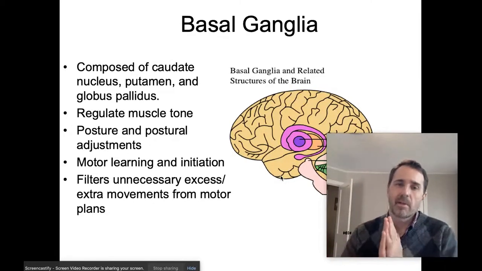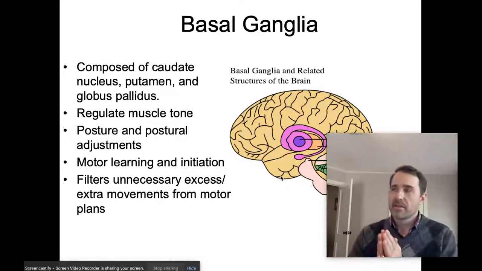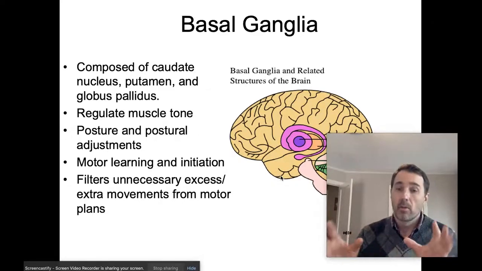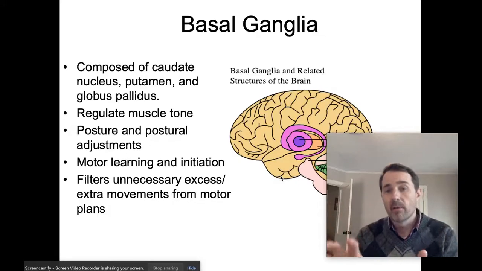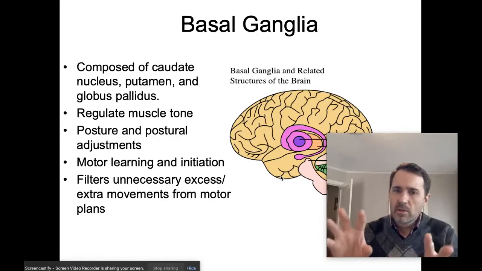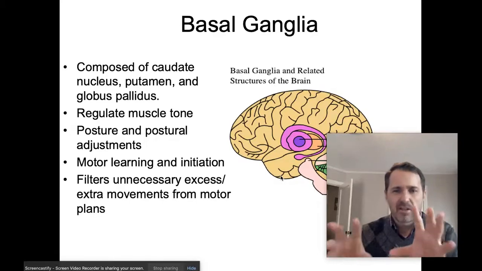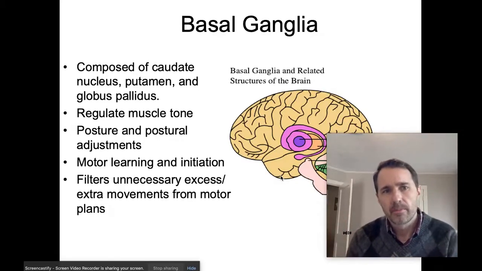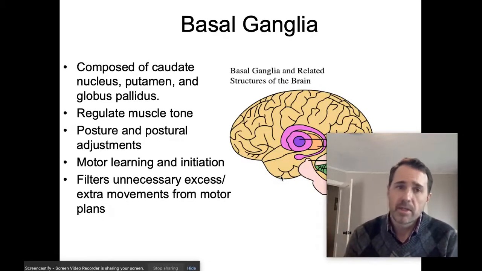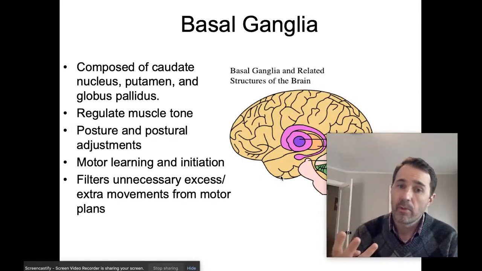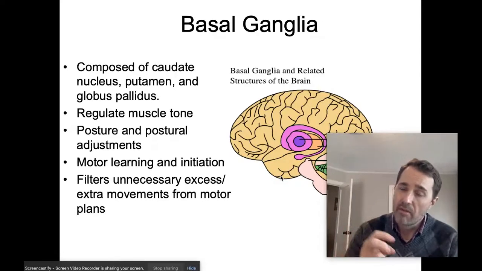I'm going to talk about the basal ganglia as a singular structure or a paired structure; you have a right and a left. But the basal ganglia is really two paired sets of smaller structures. The caudate nucleus, the putamen, and the globus pallidus are three of the structures of the basal ganglia.